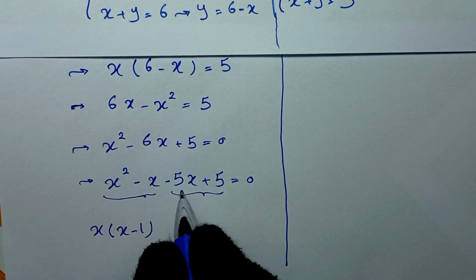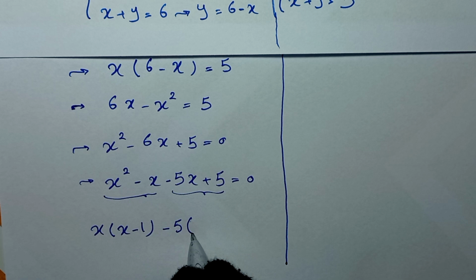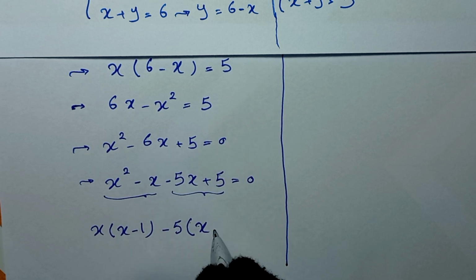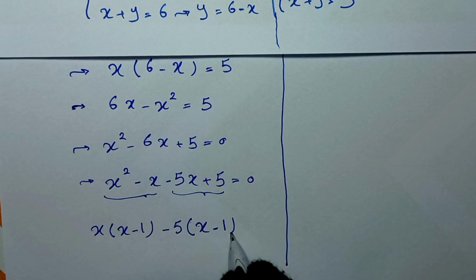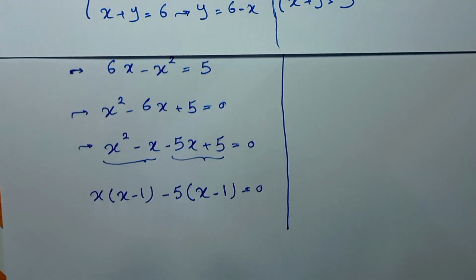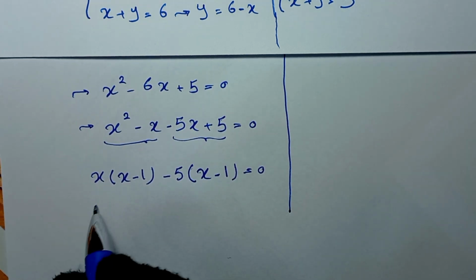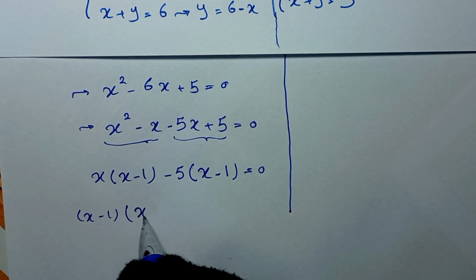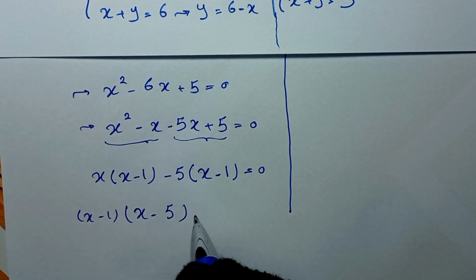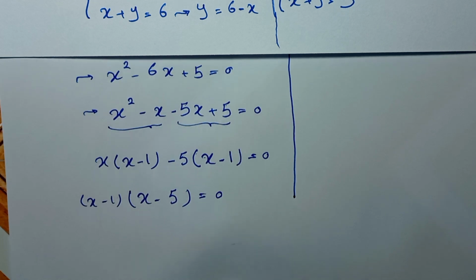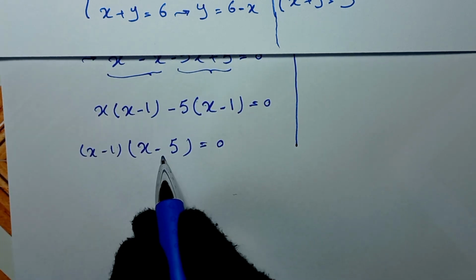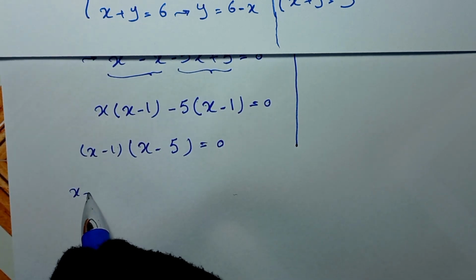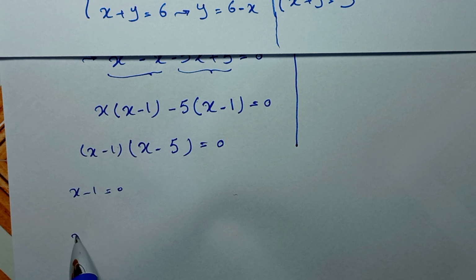And from these two parts we factor negative 5. So it will be x minus 1 is equal to 0. And x minus 1 is common, so we factor x minus 1, and it will be x minus 5 is equal to 0. So from here, we have two solutions for x. X minus 1 is equal to 0, and x minus 5 is equal to 0.